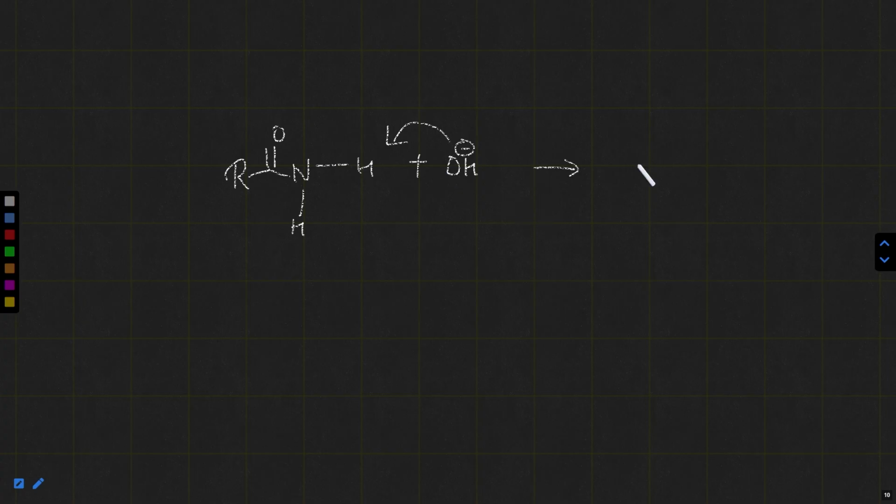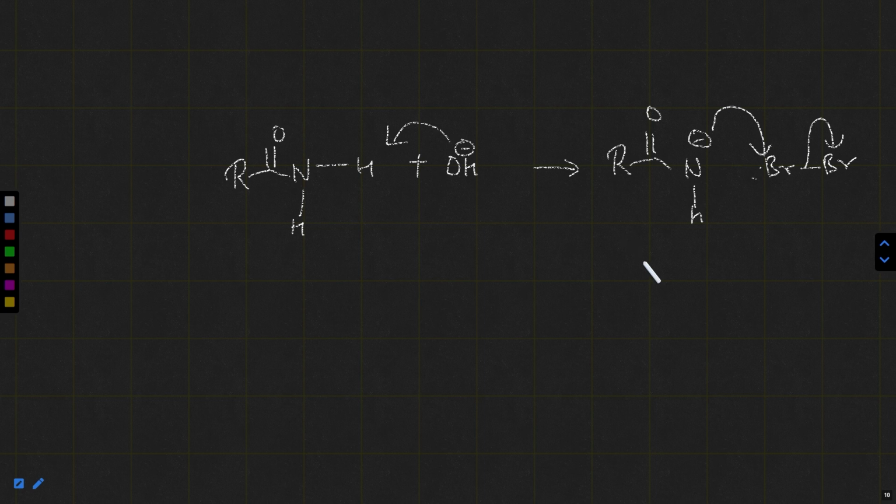So after abstraction, you will get this kind of thing with a negative charge, and a Br2. Now this negative charge will attack this Br2 and kick this Br out. Okay, so that would result in RCO, N, Br and H.